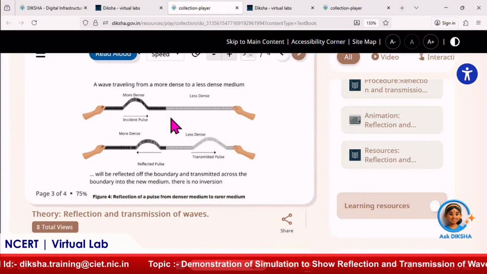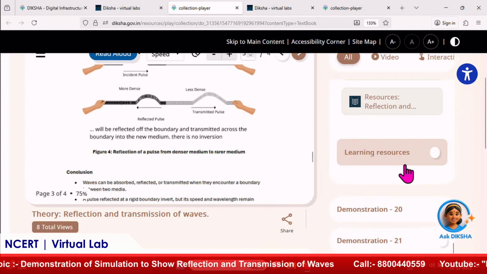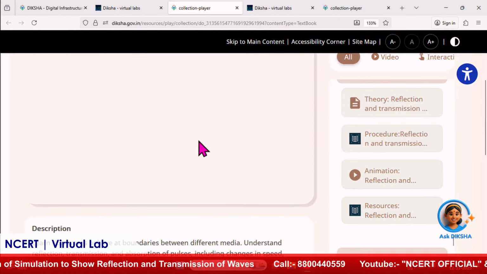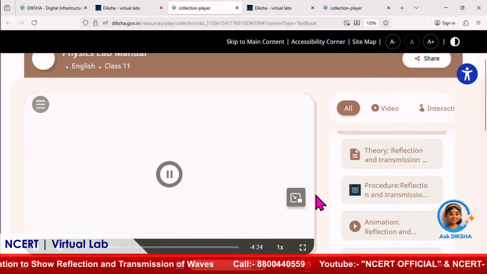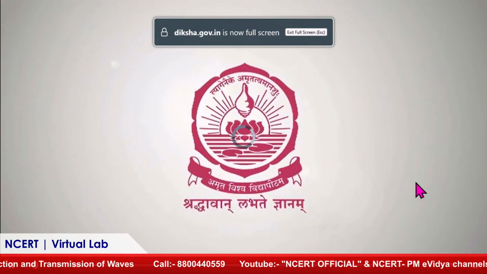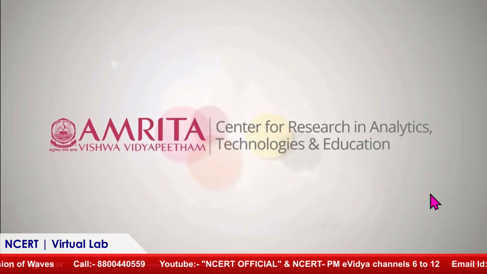So, the student gets an idea of how waves are transmitted along the string, how they are reflected and on what factors they depend. Okay. So, for this I will just show you one video, that is an animation related to this experiment.